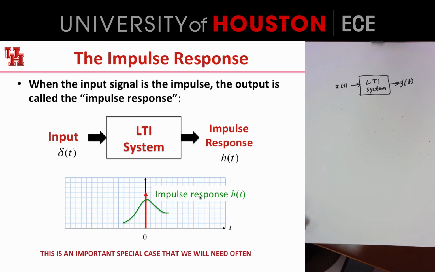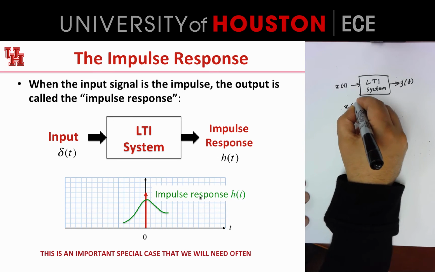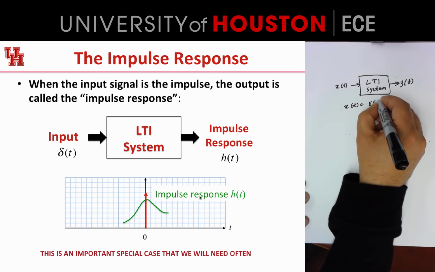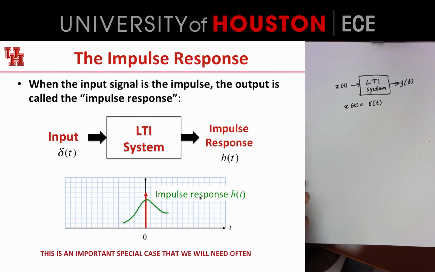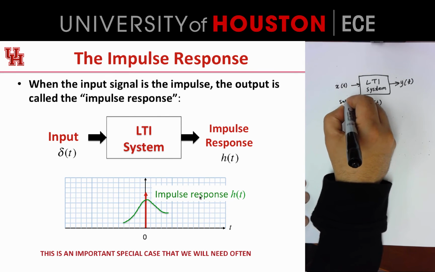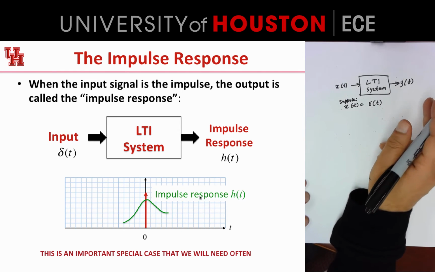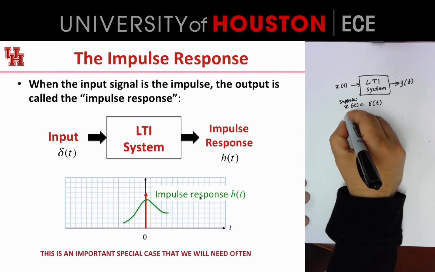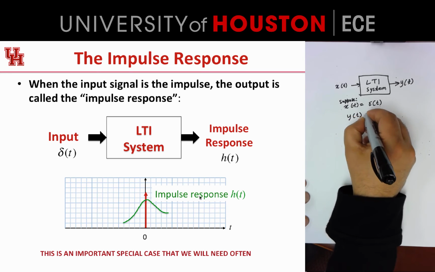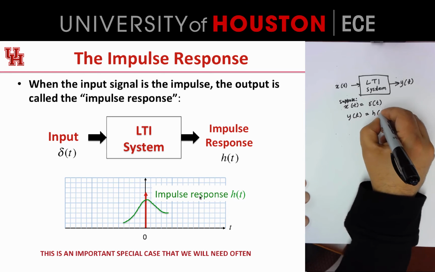Now, let's consider a system that is LTI, which means it's linear and time invariant, and ask the question: what if x of t is equal to the impulse? The output for this case, y of t, we denote to be h of t.